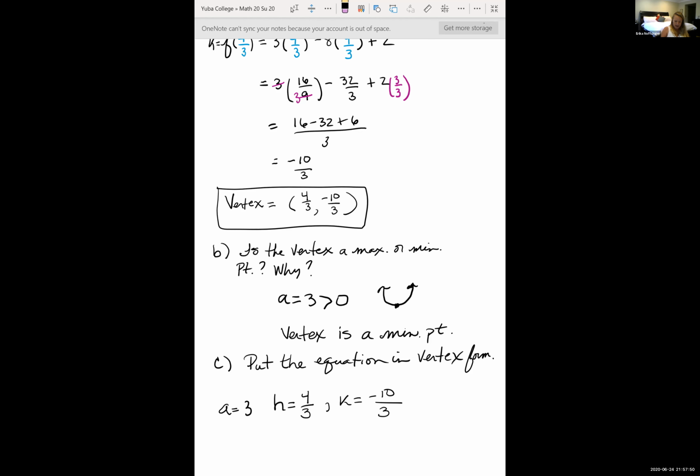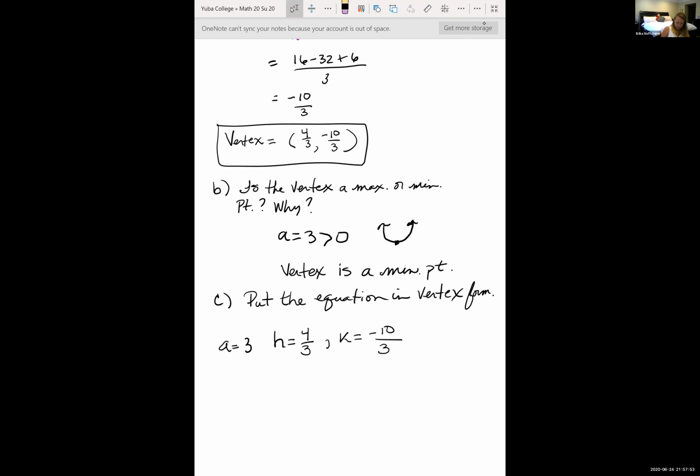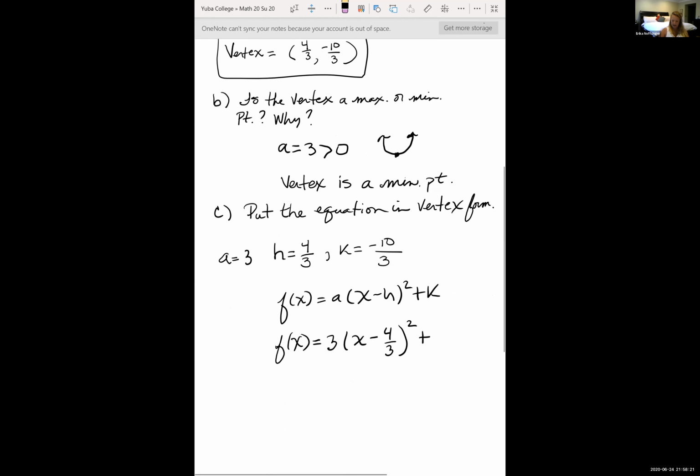So if we go back in and rewrite this and put in our pieces, vertex form is a times the quantity x minus h quantity squared plus k. So f of x would equal, well, a is 3, all times x minus h, which is 4/3, quantity squared plus k, and k was negative, so I'm just going to change that plus to a minus 10/3.